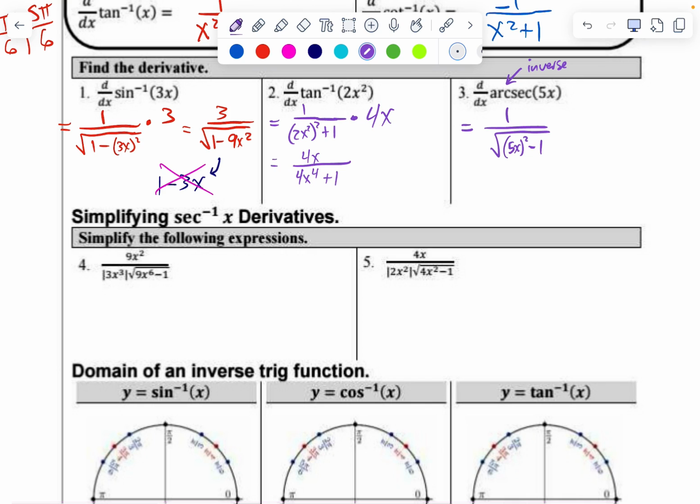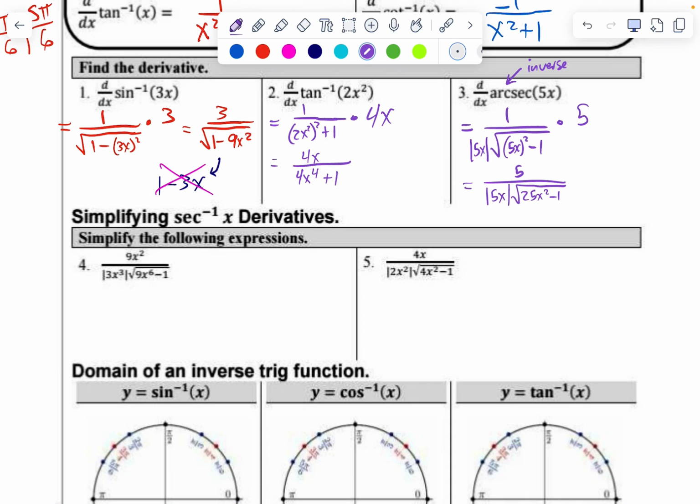So use those parentheses for any chain rule stuff. Okay, what goes out front? 5x, yeah, absolute value of 5x. And then times our chain rule, which is 5. Let me just write that into a 5.